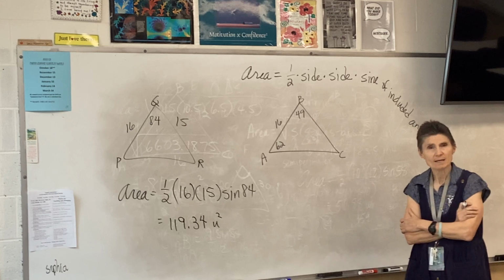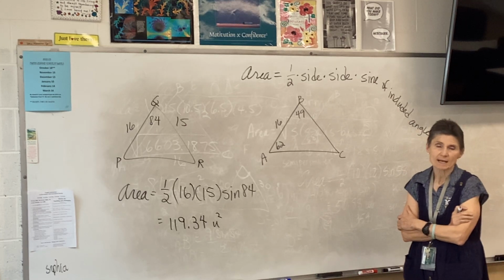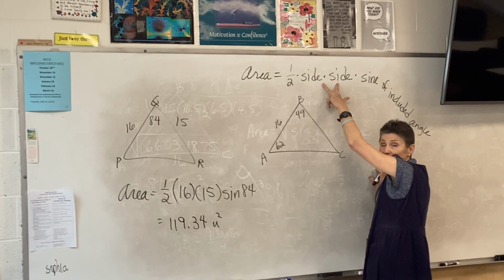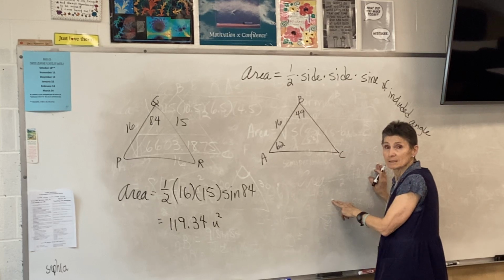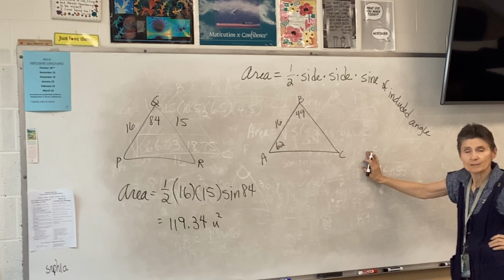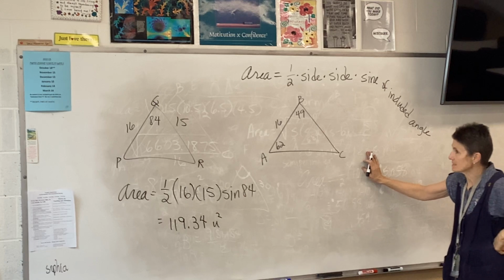Oh, wait a minute, stop. In order to use that formula, 1/2 sine, don't I need to know two sides? I do, and I don't. Well, what do you think I'm going to do? If you said find a side, you're right.